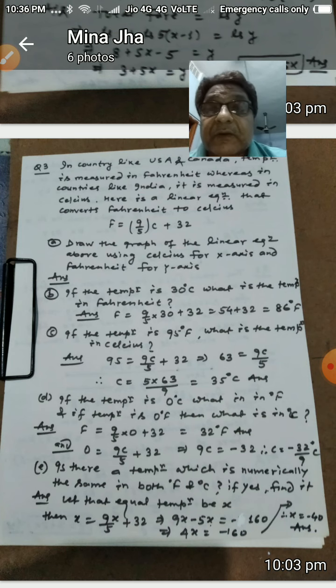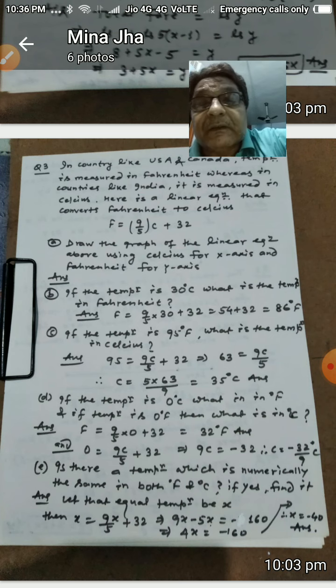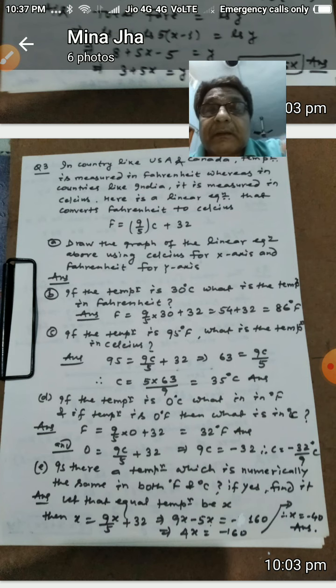Now some questions related to this equation have been given. The first one is: draw the graph for the linear equation given, using Celsius on the x-axis and Fahrenheit on the y-axis. So what we will do, as given in that form where we make a table for drawing the graph, F is only on the left and all remaining terms are on the RHS.